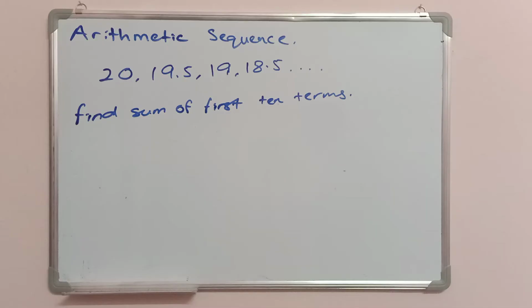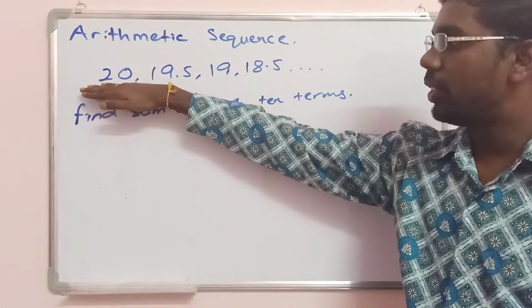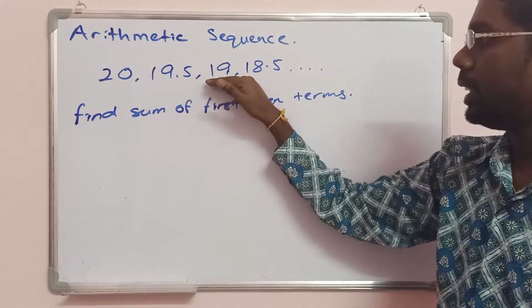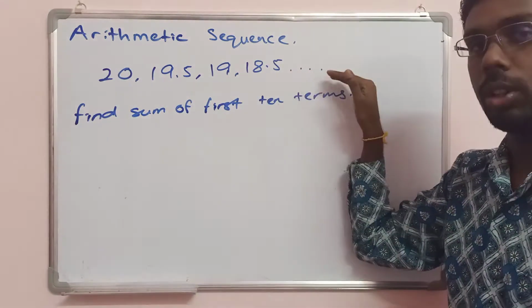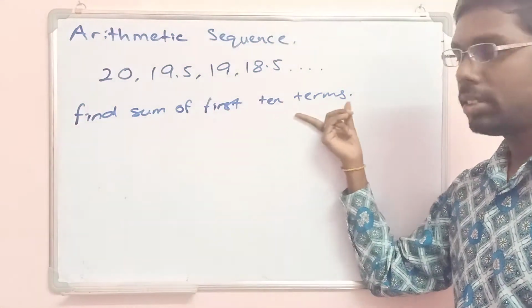Okay, let's continue with another example. Here I give you the first term as 20, the second term 19.5, then 19, 18.5 and so on. Find the sum of the first 10 terms.